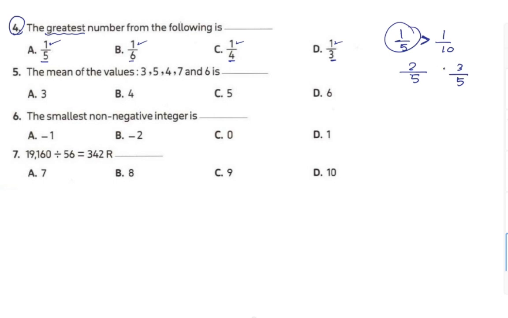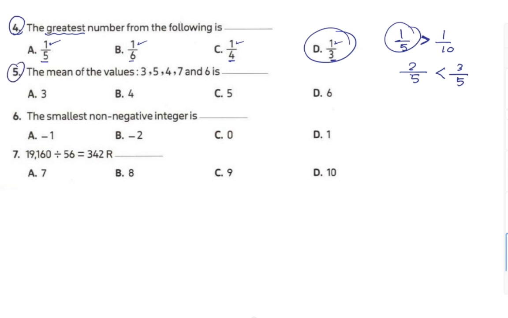Of course, it's 3 over 5. So when you compare denominators, the greatest fraction has the smallest denominator. But if you compare numerators, the greatest numerator is the greatest fraction. In this case, I look to the denominator and find the smallest one. The smallest one is 3. So 1 over 3 is the greatest fraction.